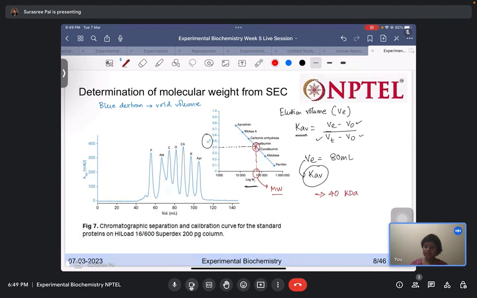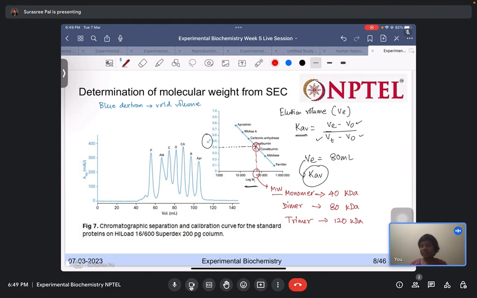If the protein is a dimer, then we will have a molecular weight of 80 kilodalton. If the protein is a trimer, we will have a molecular weight of 120 kilodalton, right? So this is a monomer, dimer and trimer, or there can be several other oligomeric forms as well.